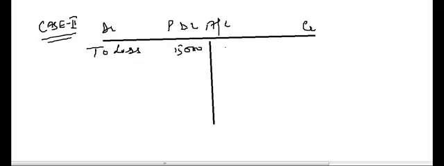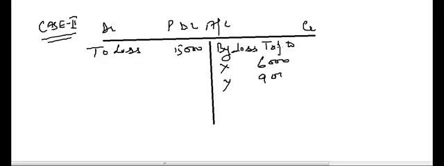In the profit and loss account only, you will say by loss transferred to X and Y in the ratio of 2:3. Clear? So this will come to 6,000 for X and 9,000 for Y, total 15,000.